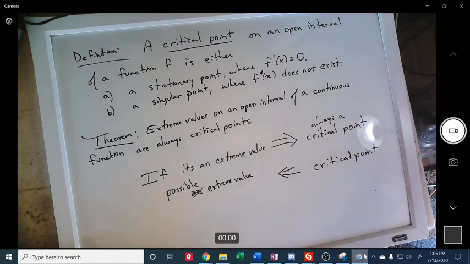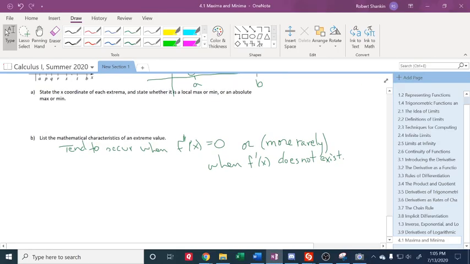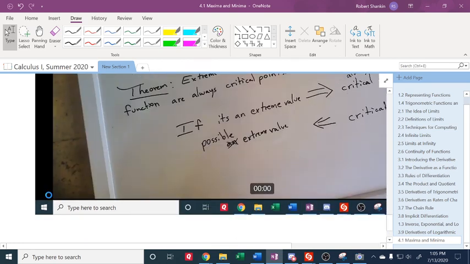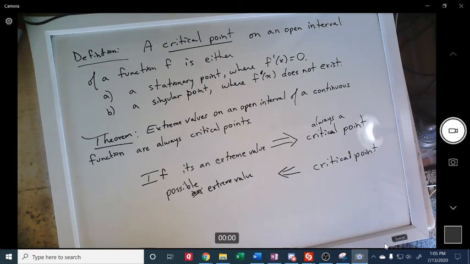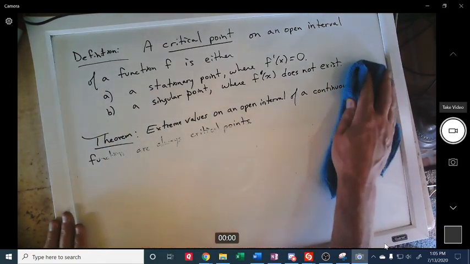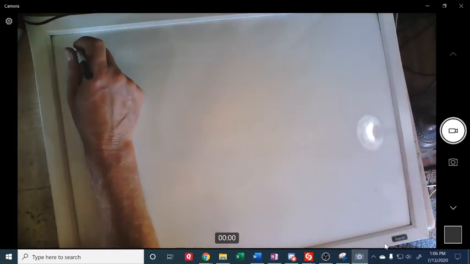Alright. Let me print this screen. Let's do an example problem. Example 1.